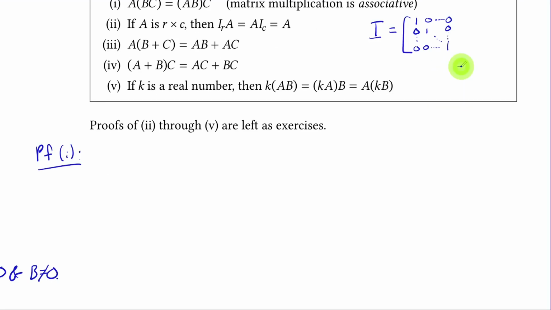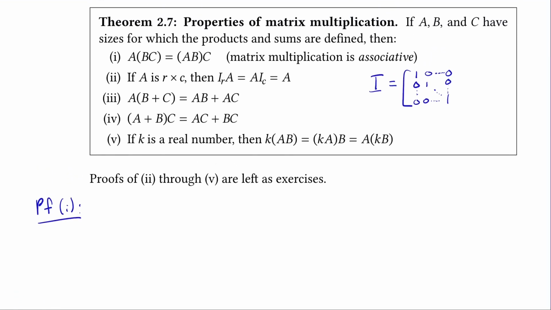So that behaves kind of like the number 1 when you multiply it by another matrix. Like multiplying the right size identity matrix by A gives you A, whether you do it on the left or on the right. You also have left multiplication distributive rules, right multiplication distributive rules, and an associative rule with scalar multiplication. So let's prove number 1 here.